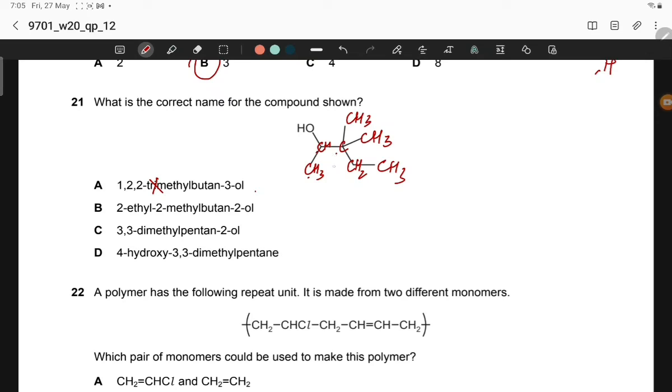Numbering 1, 2, 3, 4 and 5, this is 2-ethyl, this is 1 2 3.